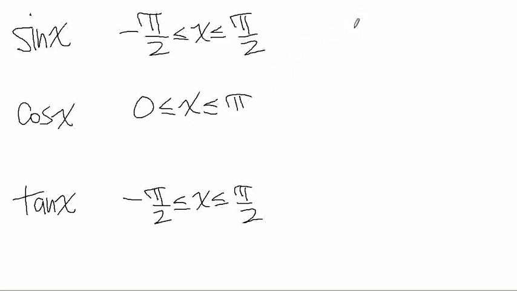The inverse function of sine is referred to as the arcsine. For cosine, it's referred to as the arccosine. For tangent, it's referred to as the arctangent. And here's how people denote those functions.